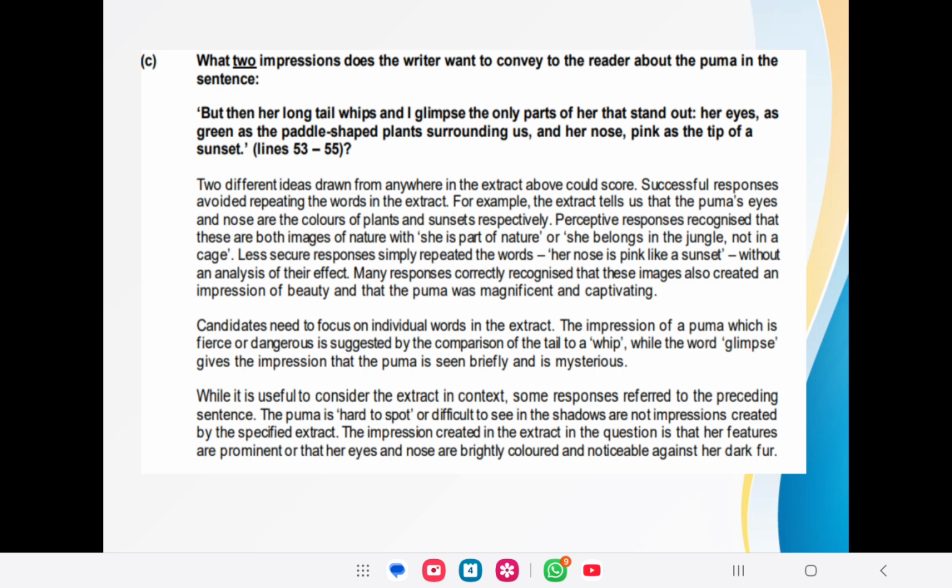You need to underline some such words that have specific meanings, that are very clearly seen there, and then think about those words and choose only two impressions that in your opinion are the most important ones, and then write the explanation of that one word or that one thing that you have chosen in your own words with the help of the context.